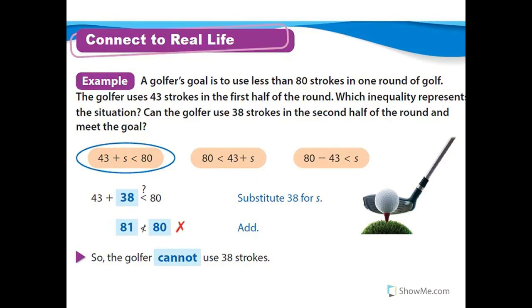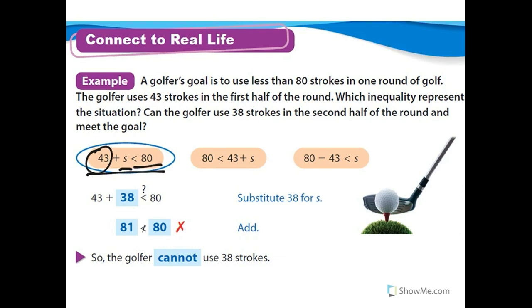A golfer's goal is to use less than 80 strokes in one round of golf. The golfer uses 43 strokes in the first half of the round. Which inequality could represent the situation? Well, this one right here, 43 plus S is less than 80, right?